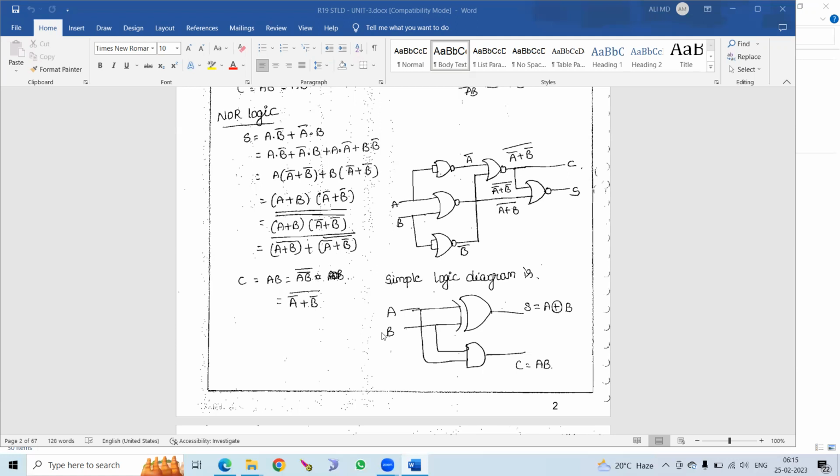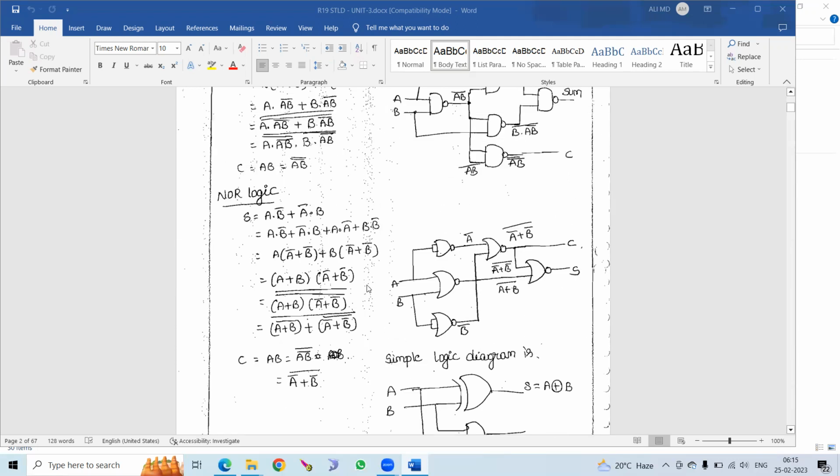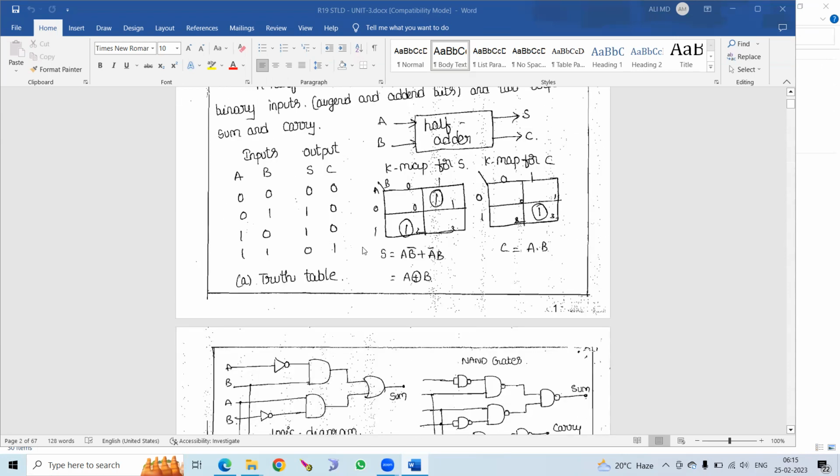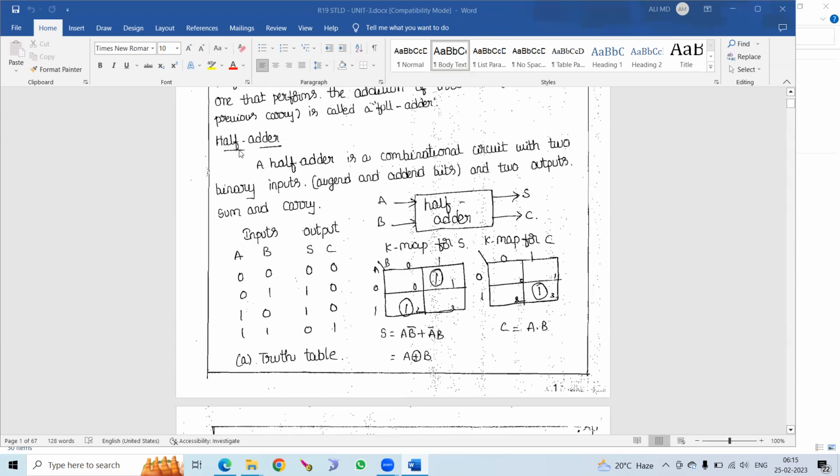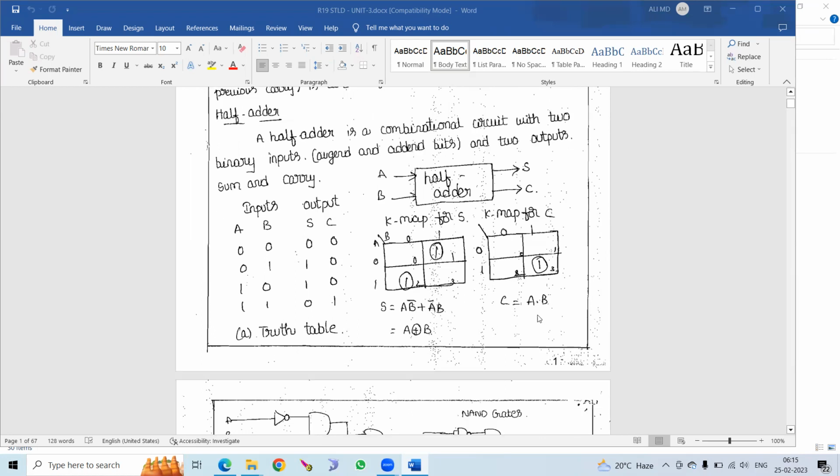If you want the simple logic diagram for the half adder circuit, where sum is equal to A XOR B and carry is equal to A dot B: for the product of the two inputs we need an AND gate, and S is equal to A XOR B means we need an XOR gate.